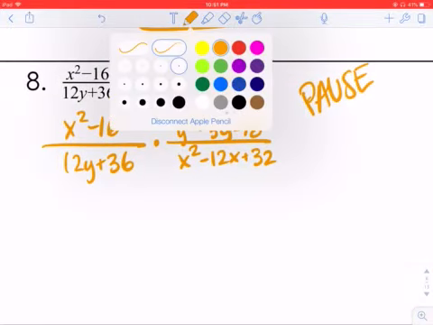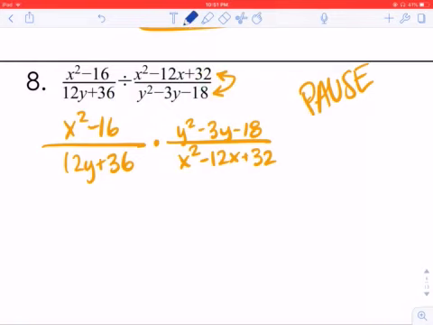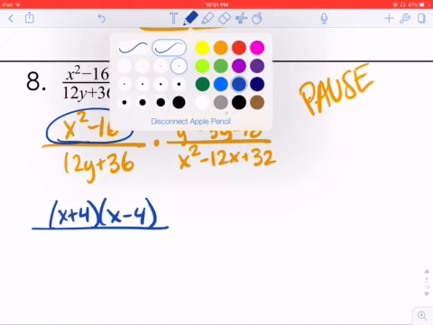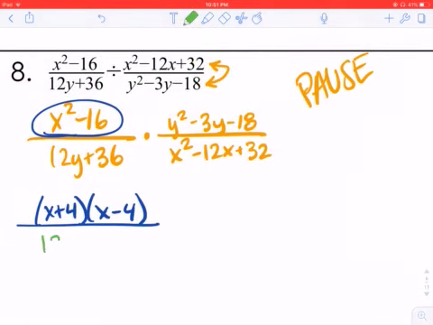Okay, we're back. So the top on this one is going to become x plus 4, x minus 4. That's the difference of squares. On the bottom here, I can factor out a 12. So I can have y plus 3 there. That's this bottom part here.